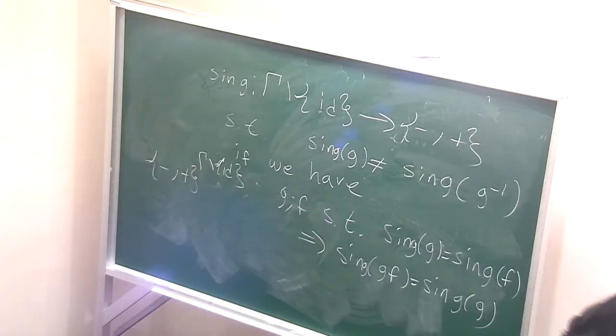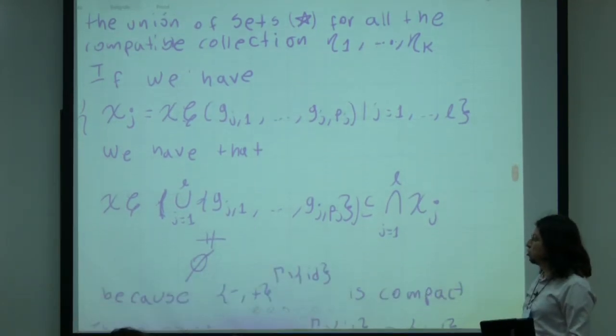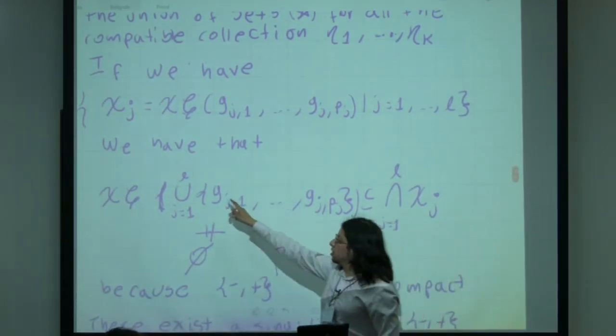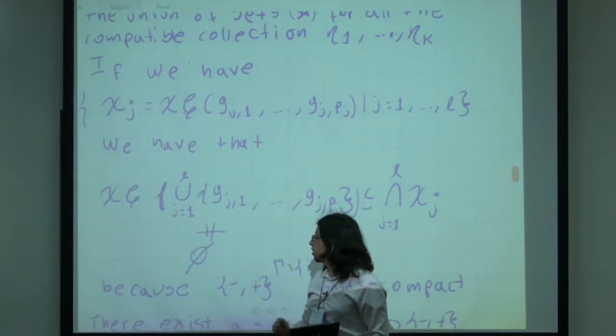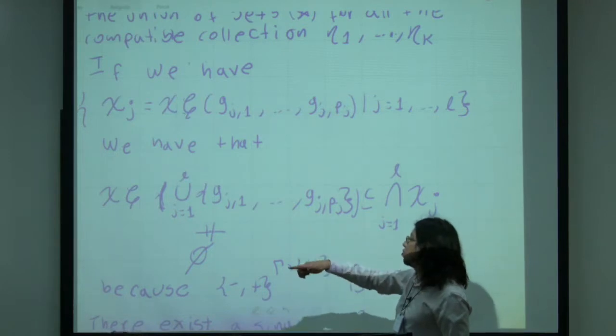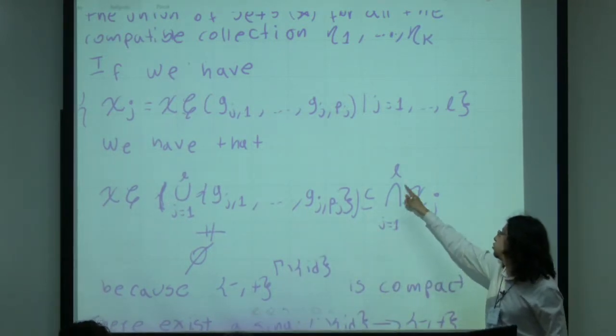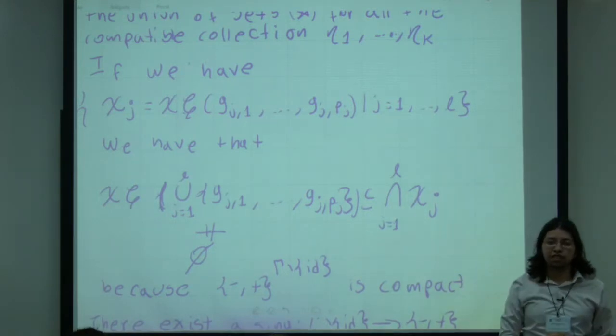And also, if we have a finite family of these sets, we can show that there exists some suitable function sign that belongs to here, and this is a subset of the intersection of all of this.